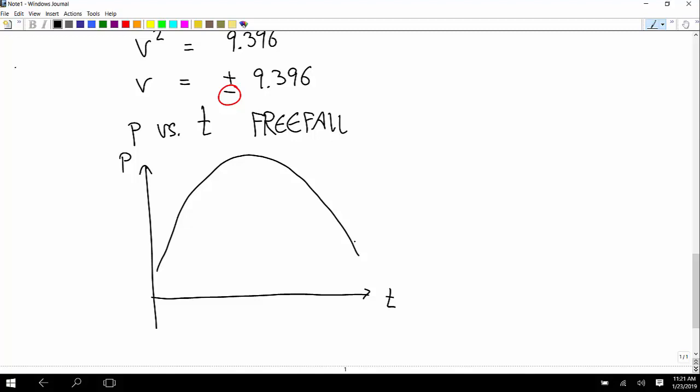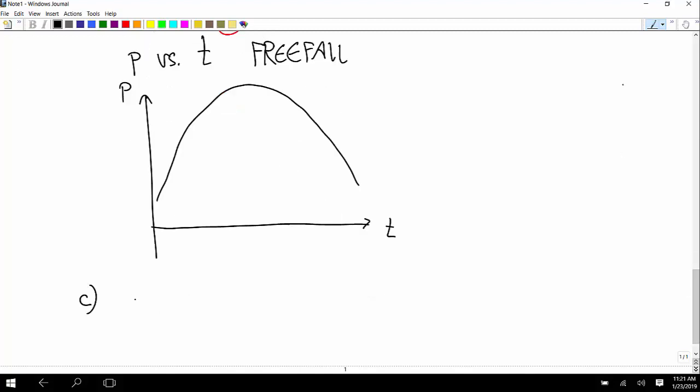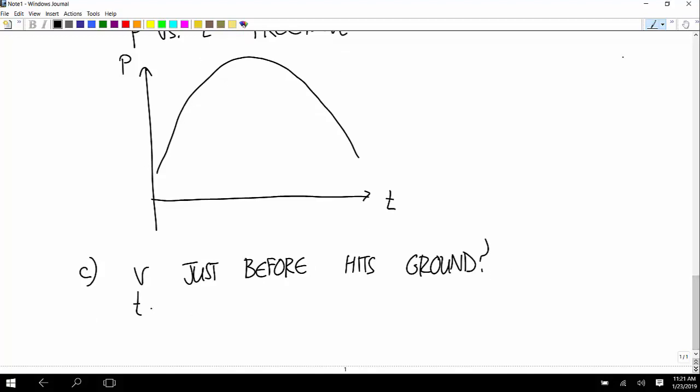What's the velocity the instant before the ball hits the ground? Well, let's still choose our time equals 0 to be when it's released. Our chosen time is going to be the instant right before it hits the ground.